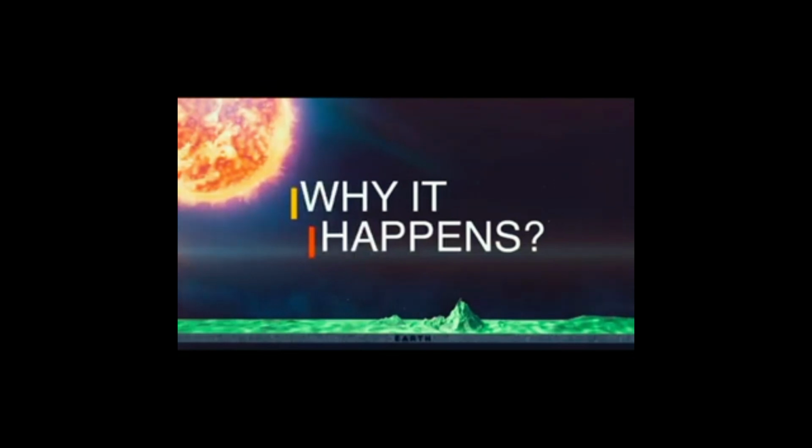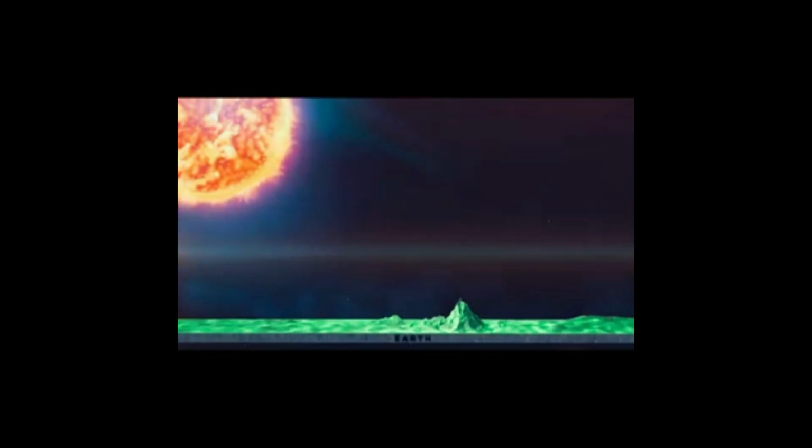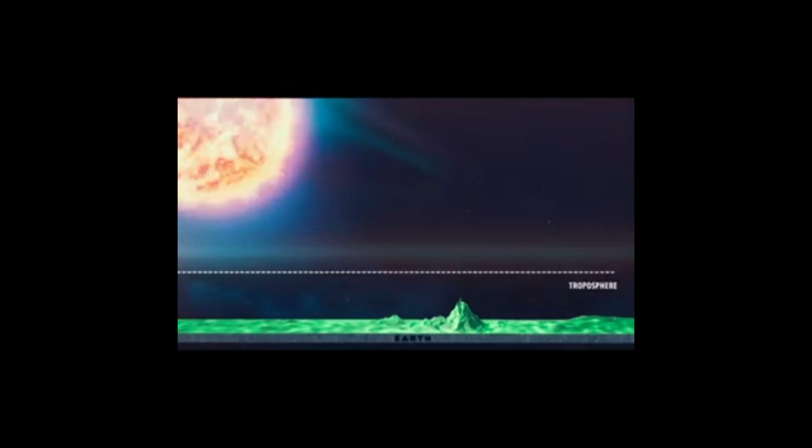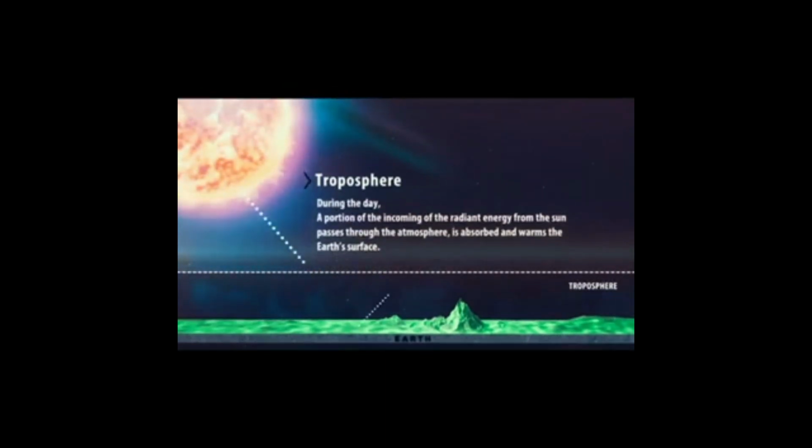Why does it happen? During the day, a portion of the incoming radiant energy from the sun passes through the atmosphere, is absorbed and warms the Earth's surface.